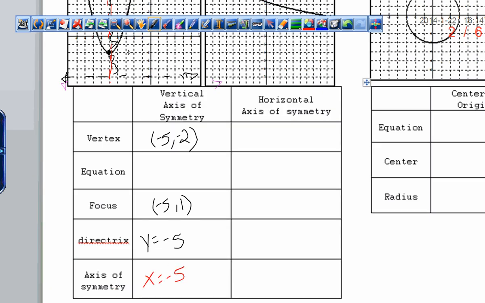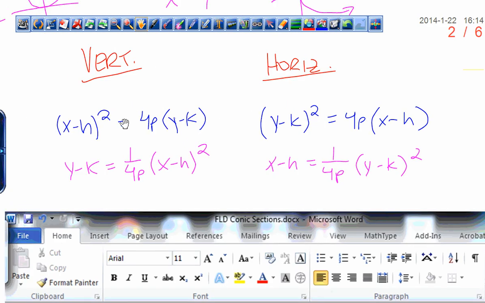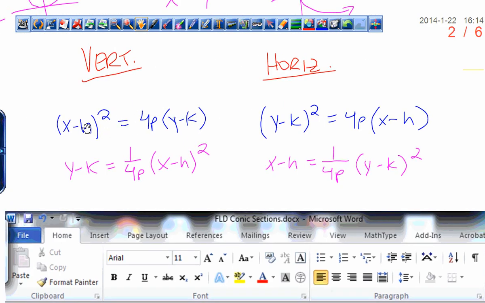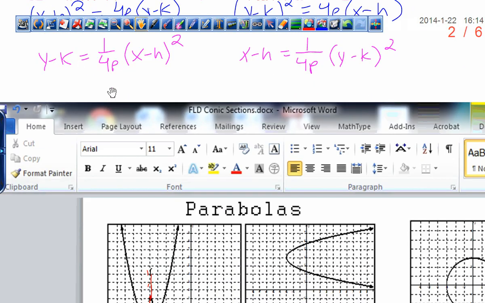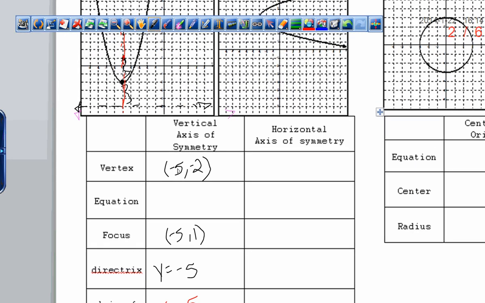So last thing is the equation. Since it's vertical, I'm going to be using this. I don't like the fraction one as much, so I'm going to be using this. So x minus h squared. H is this, so it's actually going to be x plus 5. Remember that whole opposite thing. You are pretty good at that now. Equals, and then 4 times my p. Now my p, like I said, is the distance between the directrix and the vertex, or the focus and the vertex.